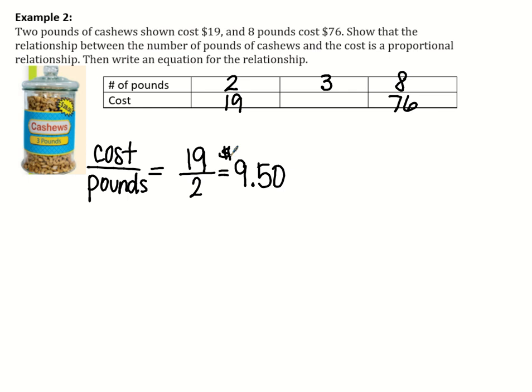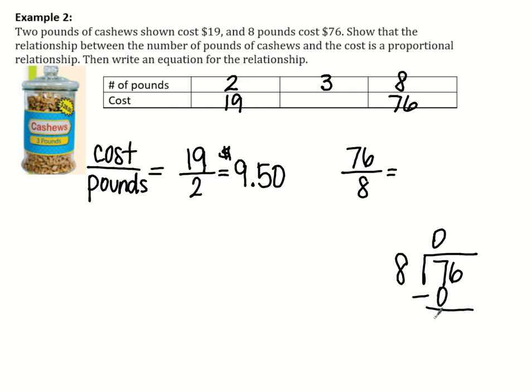Okay? If I'm looking at $76 for 8 pounds, again, your cost goes on top. If I do this calculation on the side and do my division, 76 divided by 8, 8 doesn't fit into 7.